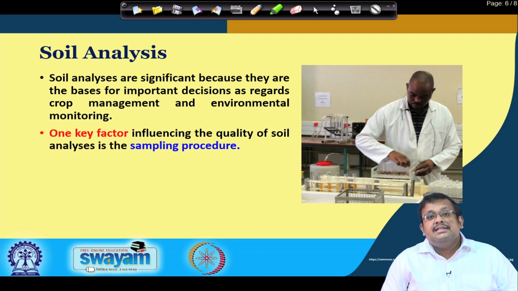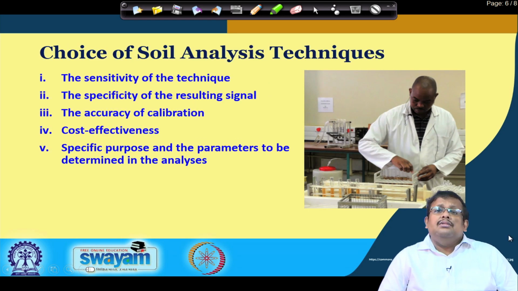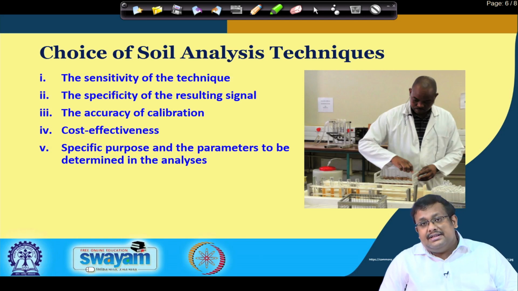So, soil analyses are very significant, and we have to do them both for monitoring the soil fertility status as well as to monitor the soil environmental contamination or soil pollution level. Now, there are several methods or techniques for soil analysis, numerous techniques.